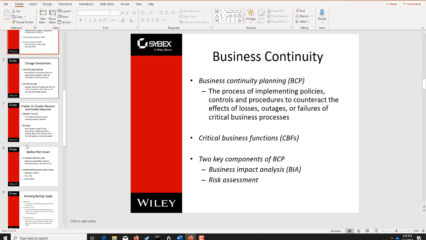So two key components of business continuity planning are business impact analysis and a risk assessment. The business impact analysis and risk assessment can go hand in hand, where we actually identify everything that is important, that's the business impact, and then we associate risks to all those assets, and we look at the controls or the procedures or policies or whatever to counteract that.